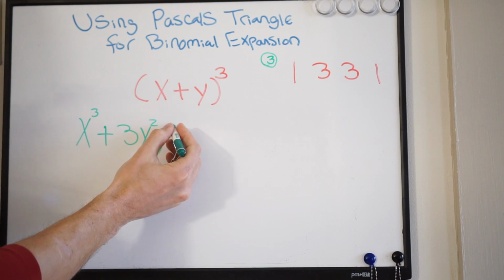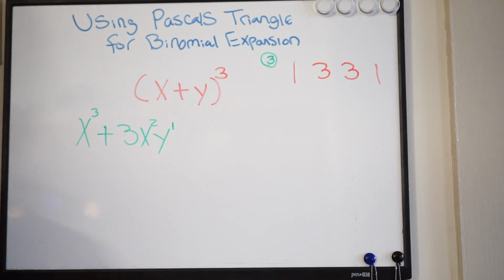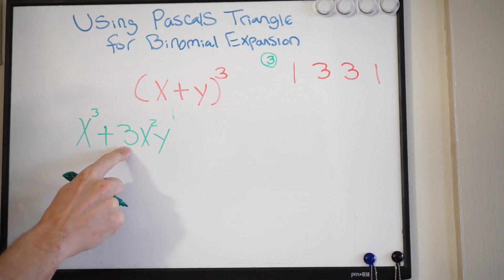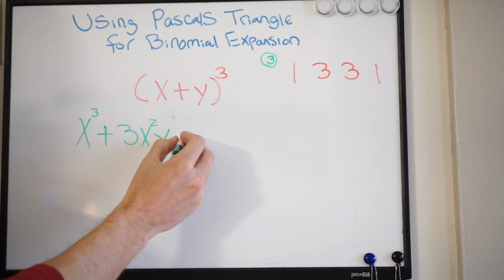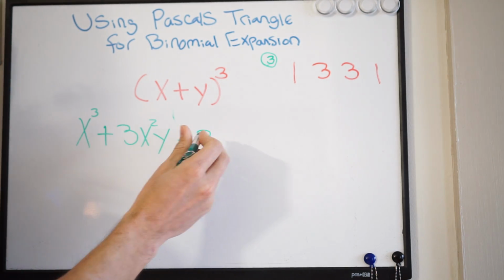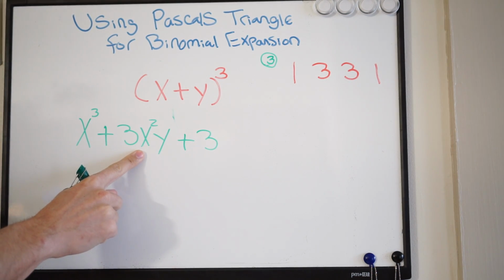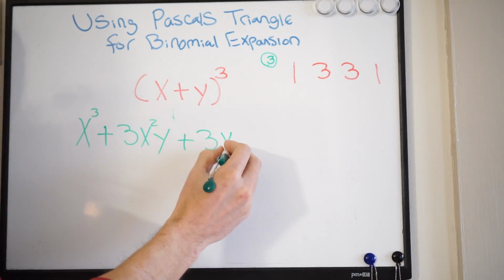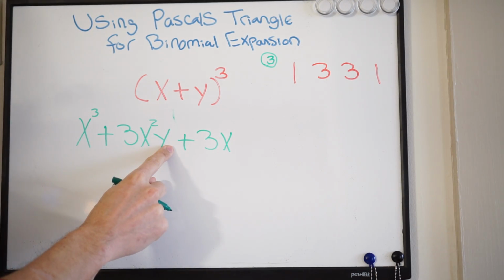This is really to a power of 1, right? I'm not going to write that there, I'll erase that. And we simply write that constant 3 in here. Our next one will be plus, again, here comes a 3. And what do you think is going to happen to this x squared? Well, it's going to go down, so it's going to be x to the first power now. And the y will gain an exponent.